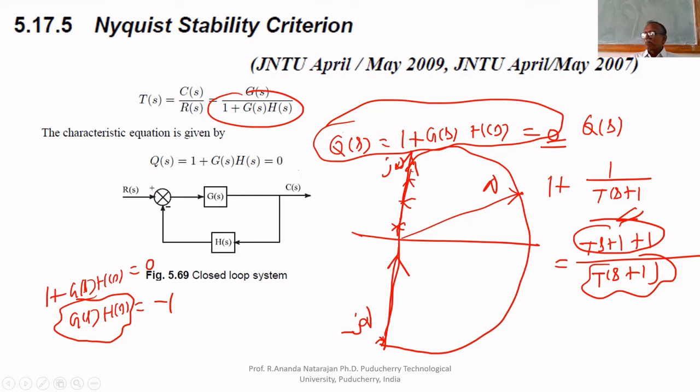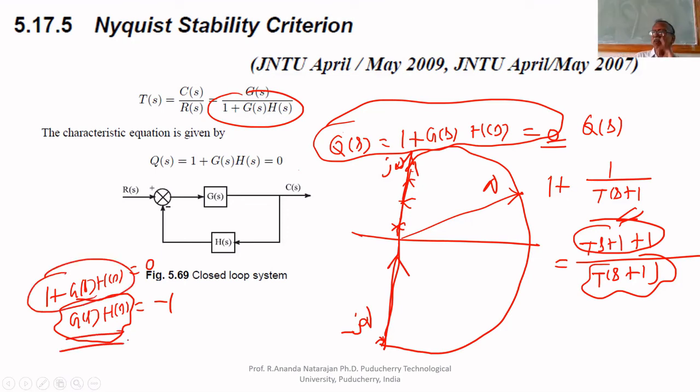0 is replaced by minus 1. That is, you are shifting the plot from about 0 to about minus 1. That is the meaning. If you shift the graph from about the origin to about minus 1, we need not check whether it encircles 0. Instead, we have to check whether it encircles minus 1.